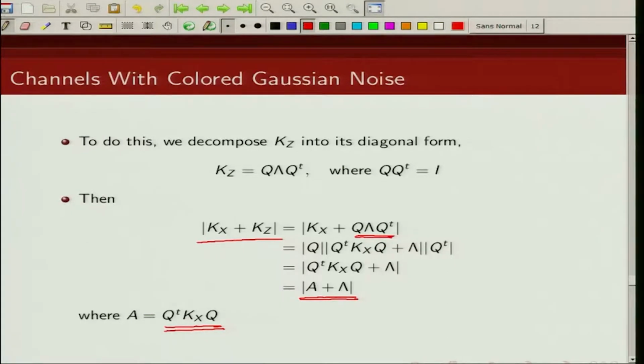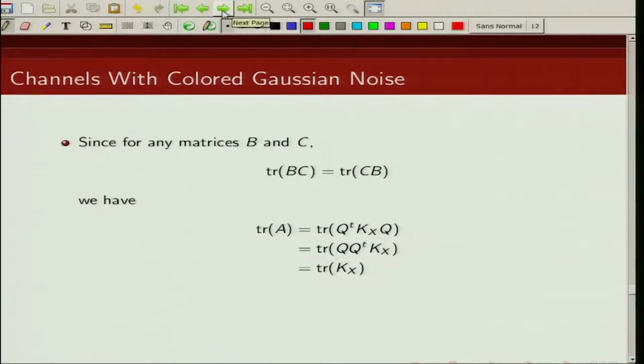Now we are going to make use of a property of matrices which says if we have any matrices B and C, trace of the matrix BC is the same as trace of the matrix CB. So we can write the trace of matrix A as trace of matrix Q transpose KX Q, which we can write as trace of Q transpose Q KX.